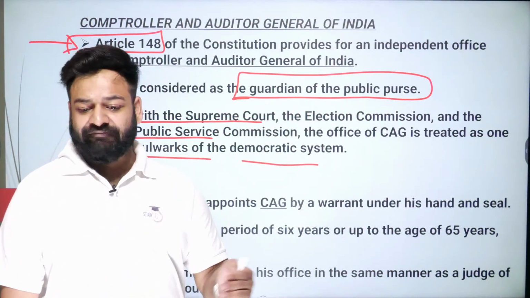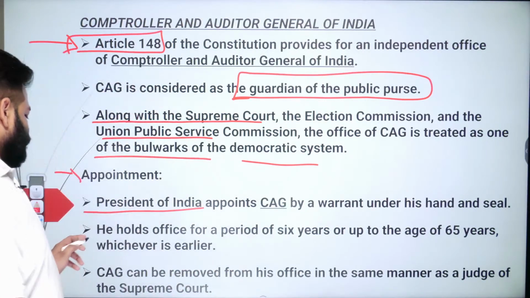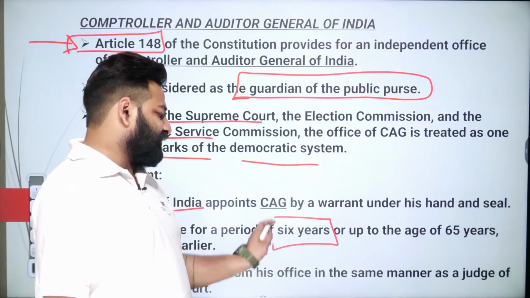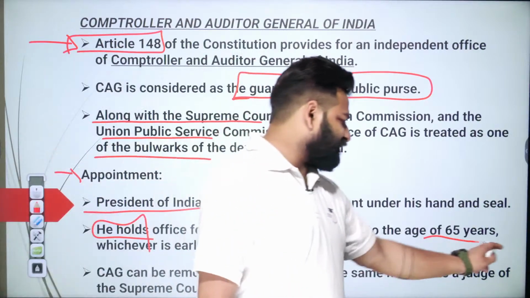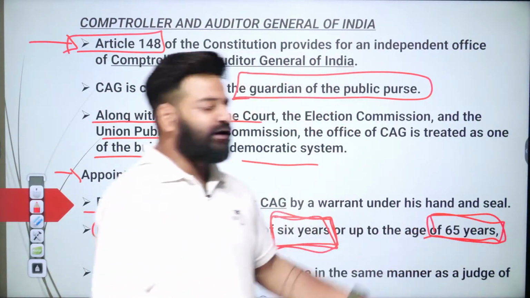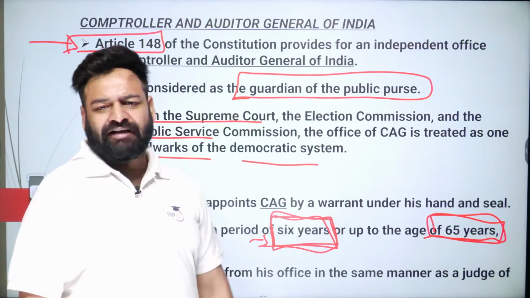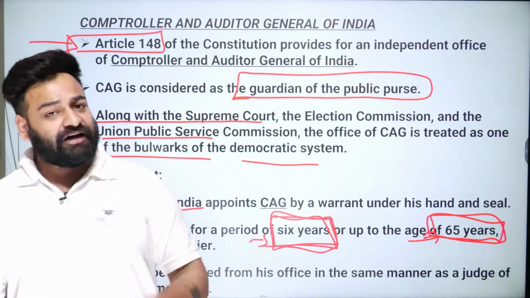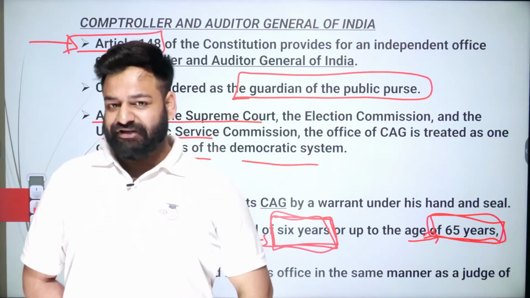What is the tenure? CAG holds office for a period of 6 years or up to the age of 65 years, whichever is earlier. Let's say the person has completed the 6th year of the tenure or has completed 65 years of age, whichever comes first will be the tenure of the CAG.